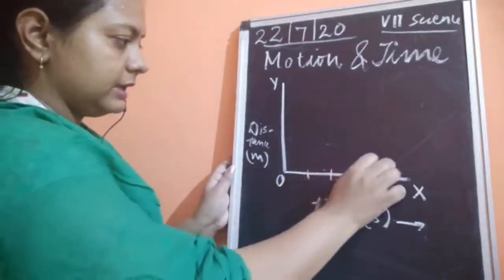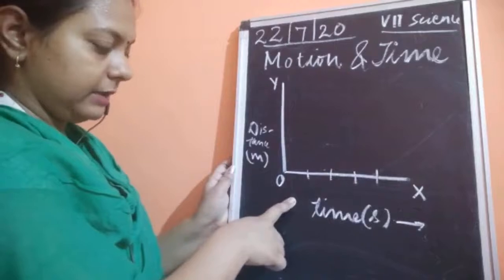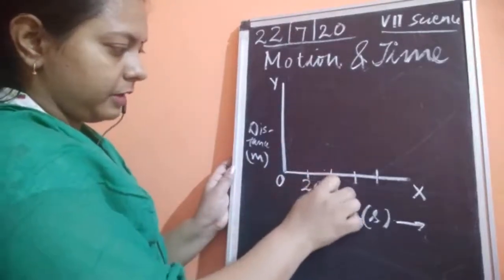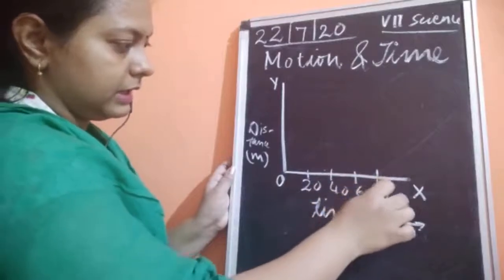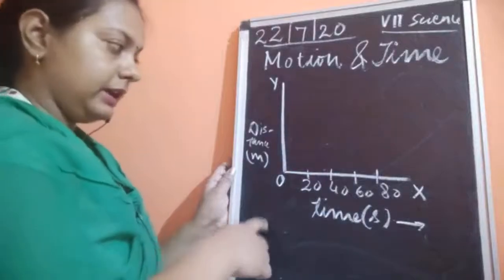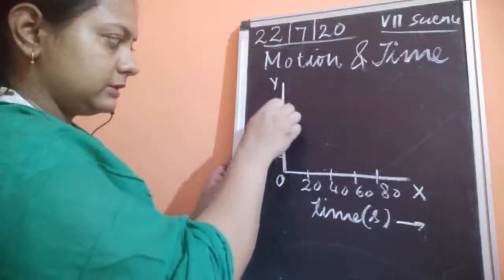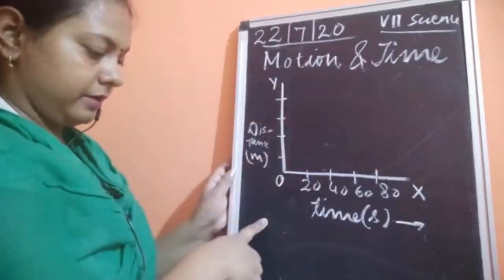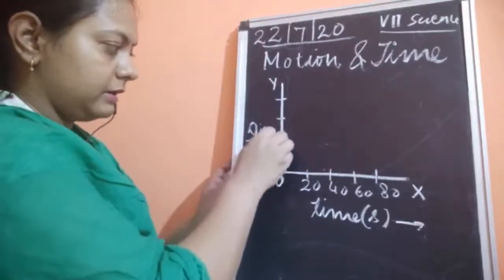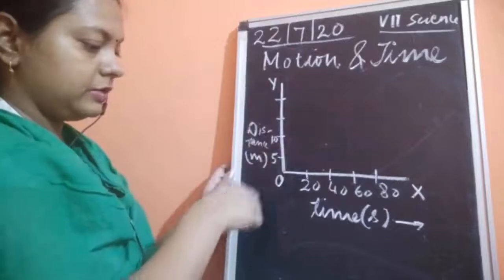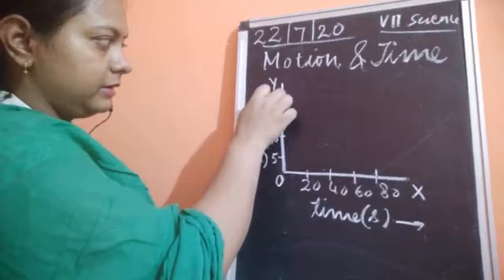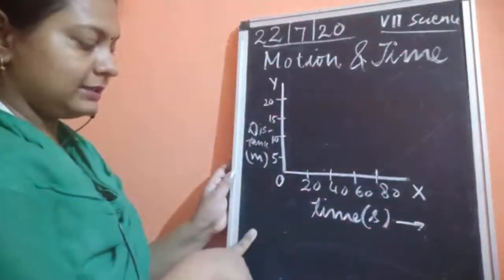You can plot the scales first. We have the time from 0 till 80, so 20, 40, 60 and 80. Just keep equal intervals of time. After that, you have to plot the distance: 0, then 5, then 10, then 15, then 20, and this is the last one.